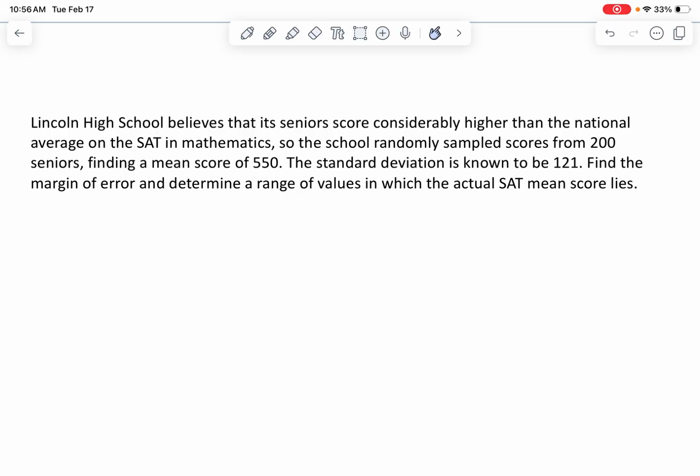Okay, well, this is numerical data, so we know that this is a quantitative data set. So I know that my margin of error, maybe abbreviated MOE, is equal to 2 times the standard deviation over the square root of the sample size.